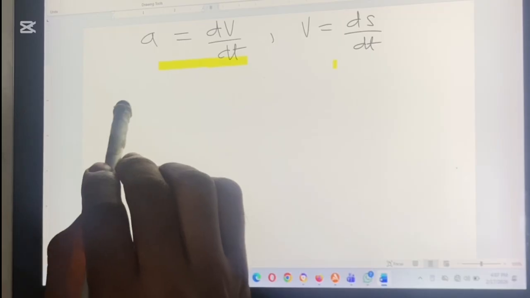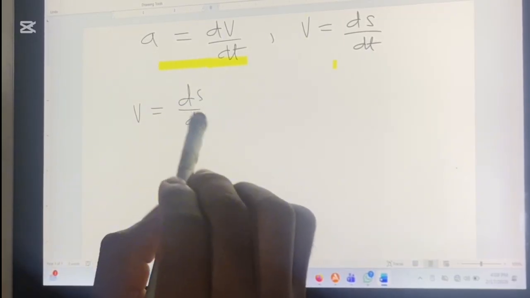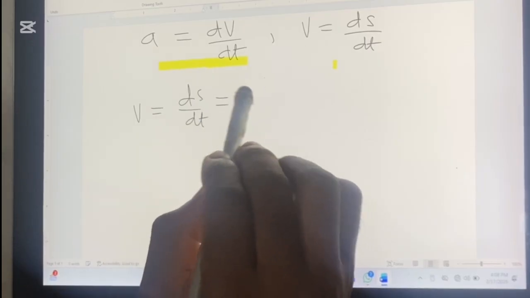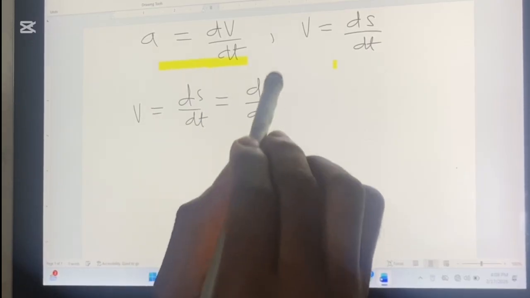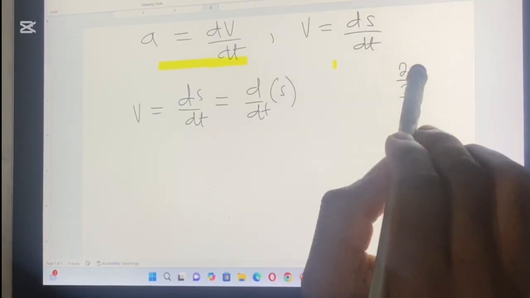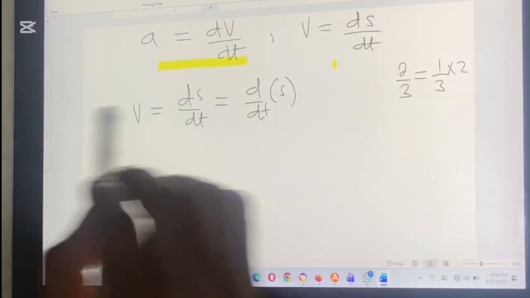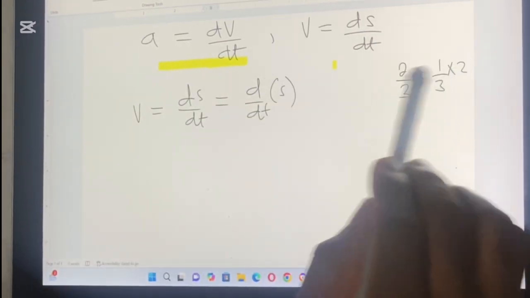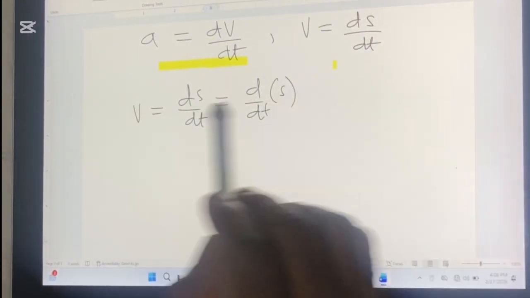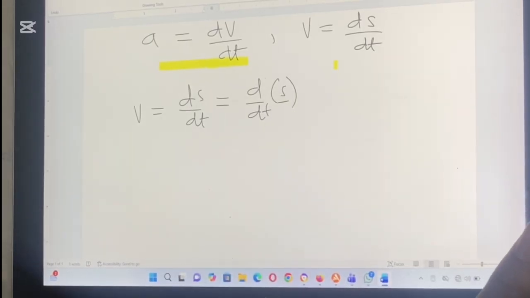Okay, now let's find instantaneous velocity. That is v is equal to ds over dt, and this can also be written as d over dt of s. Just the same way, if you have 2 over 3, this can be expressed as 1 over 3 times 2. Please take note. Now, if you look into the question carefully, the distance is given to us as 3 over 2 t squared minus 3t.